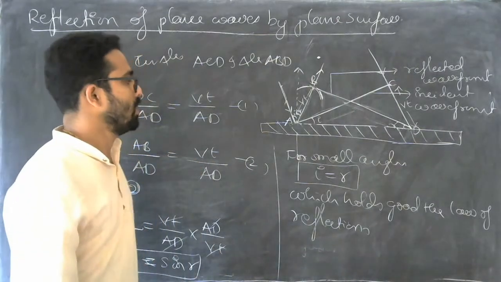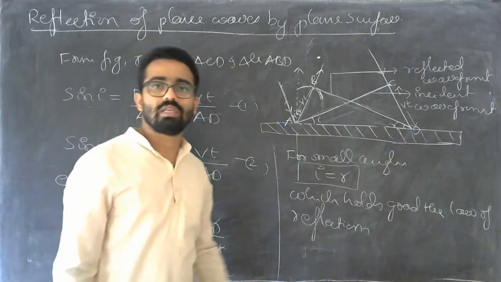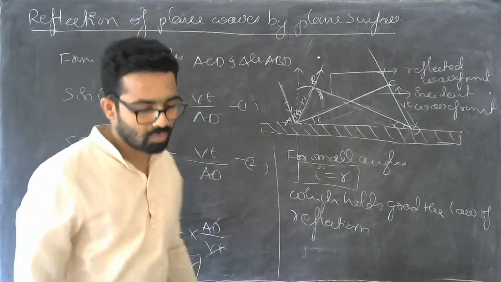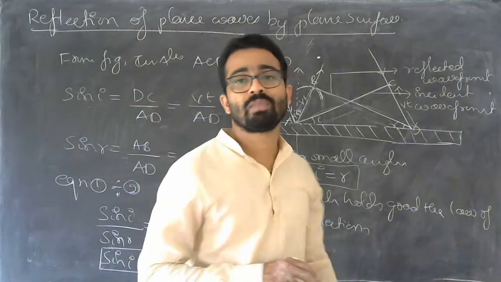That's right, Huygens is able to prove that I is equal to R using this same construction. So this is about the reflection of plane waves using the plane surface.